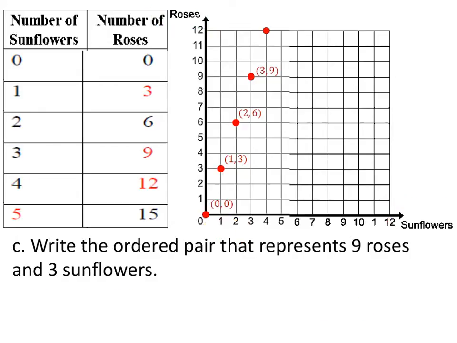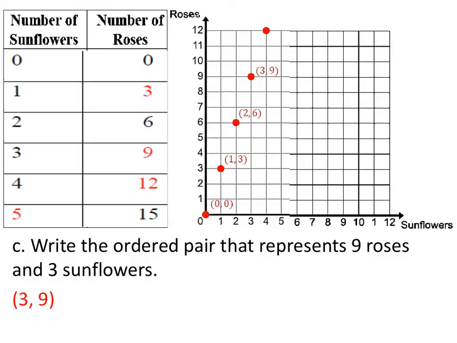Now write the ordered pair that represents 9 roses and 3 sunflowers. And once again, we see that sunflowers are our x's, which are the first value here, and 9 is the roses, which is the y value right here.